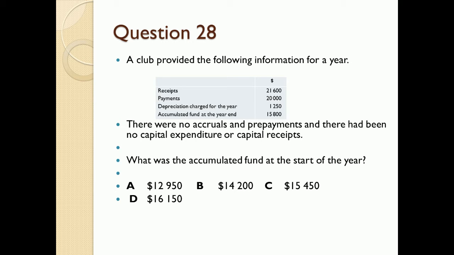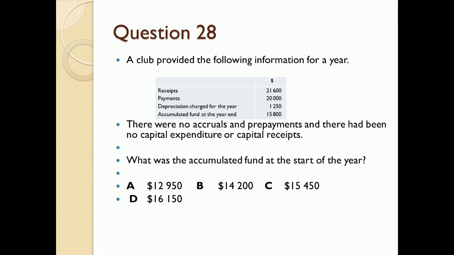There were no accruals or prepayments, meaning all the expenses of the period are paid in cash, and all the incomes earned during the year were received in cash. So all the incomes are basically receipts and payments. Receipts show your incomes for the year and payments show your expenses for the year, along with the non-cash expense, which is depreciation.